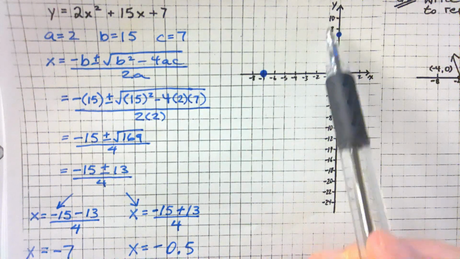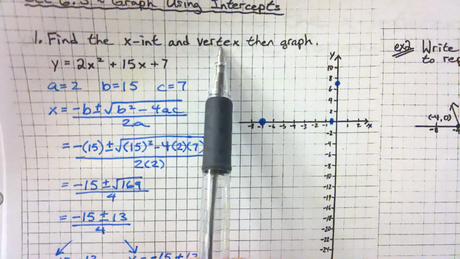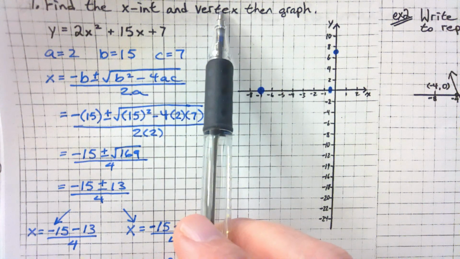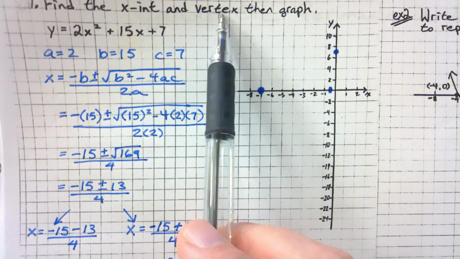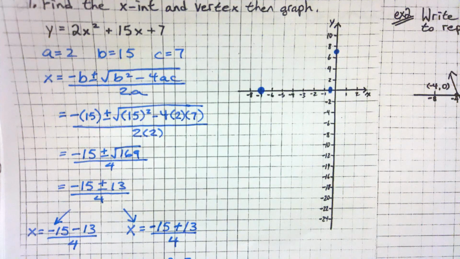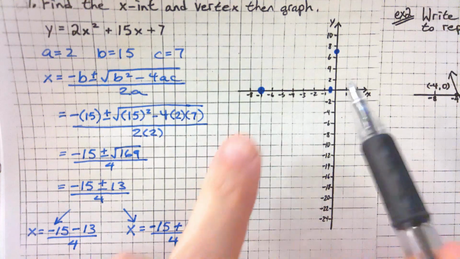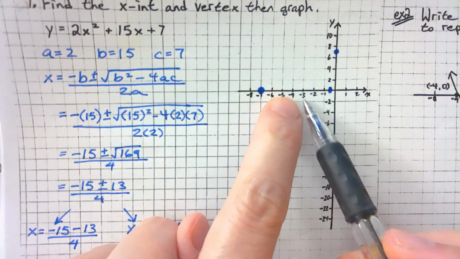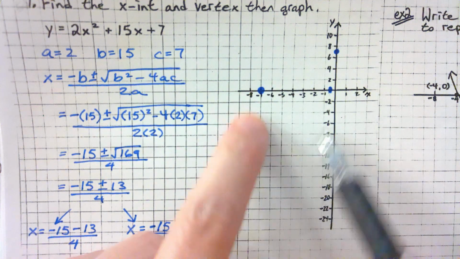If you look at the question, it asks you for the vertex as well. So going back to day 1 when we did parabolas. Where is the vertex? The maximum or minimum, and where is it in the parabola? The middle, right. So if I have these two x-intercepts, I know my vertex should be in the middle.